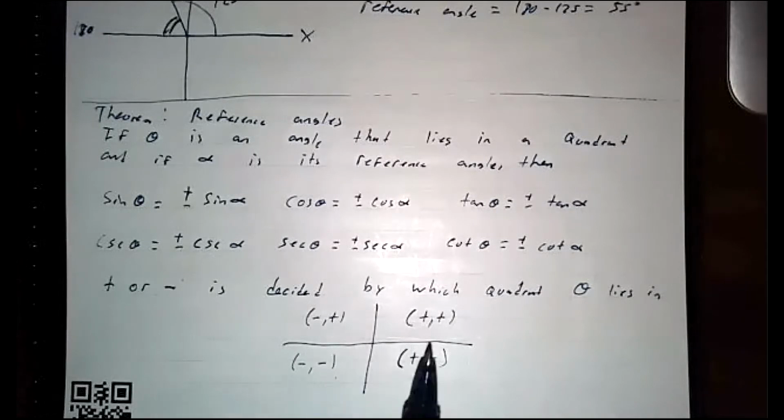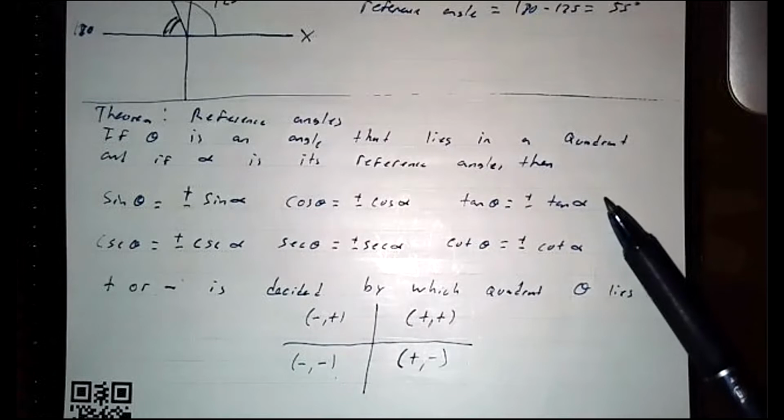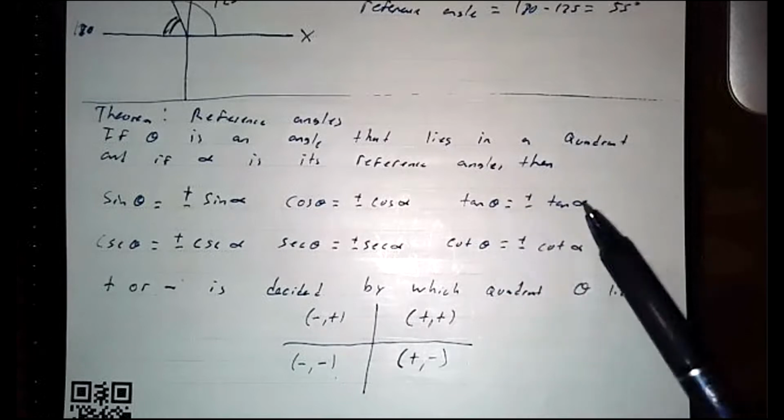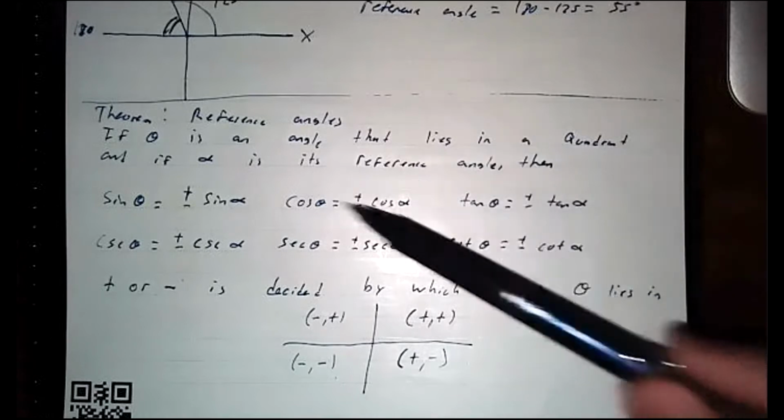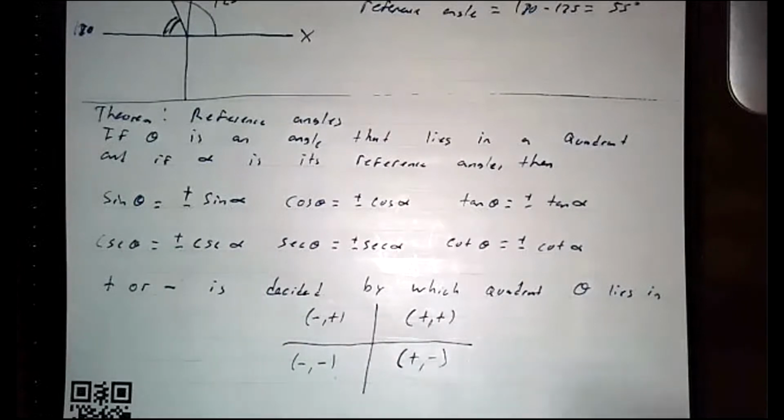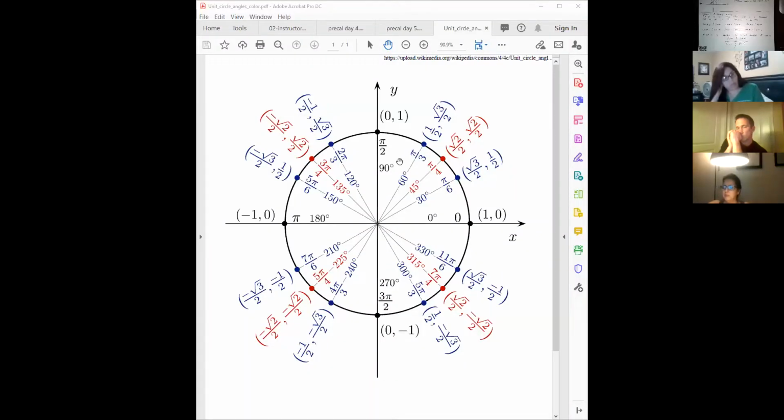So just remember what tangent is. We can't be talking about reference angles if you're not using the basic thetas, the unit circle stuff. Tangent would be positive here because it's a quotient of y over the x value.